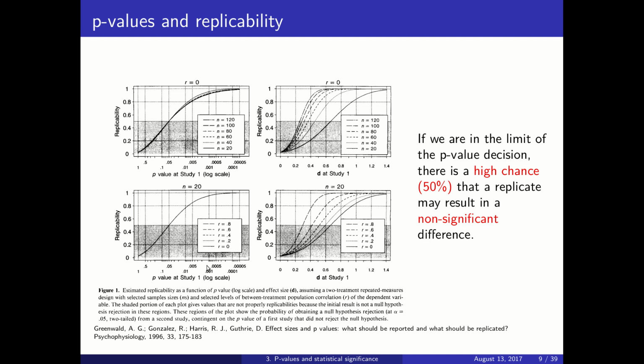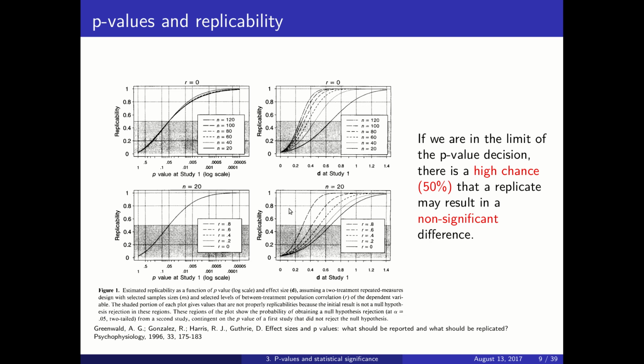Here all this reasoning is formalized, and there is a paper where they reason how likely it is that you can replicate the same result, so rejection or non-rejection, depending on the p-value. If the p-value is very low, then with a given sample size, it is very likely that you will always have the same replication.